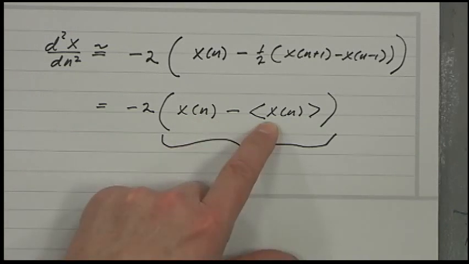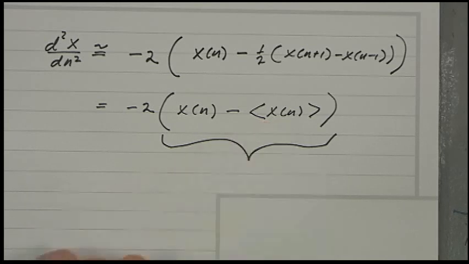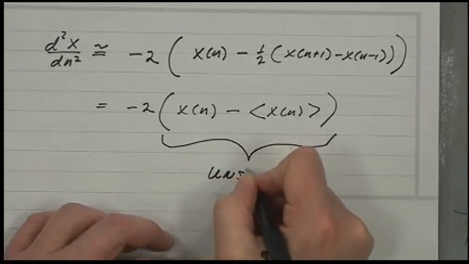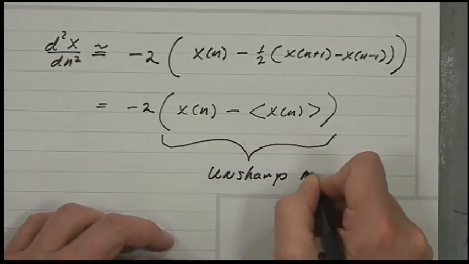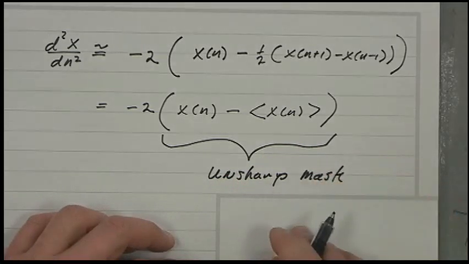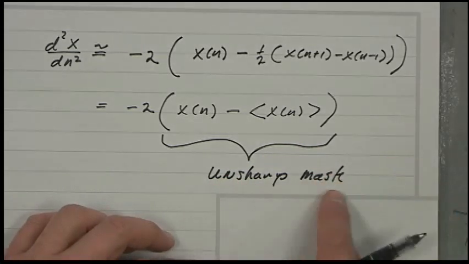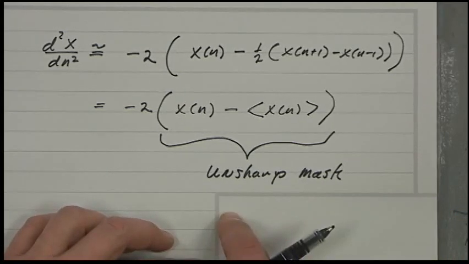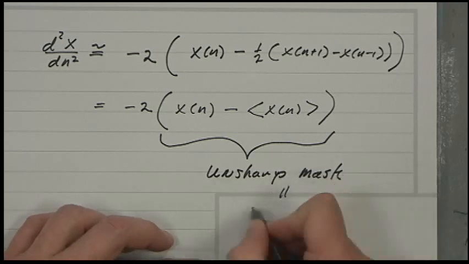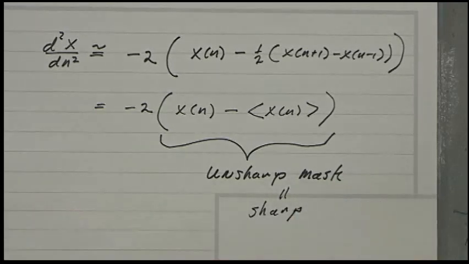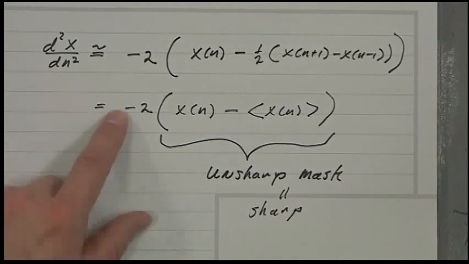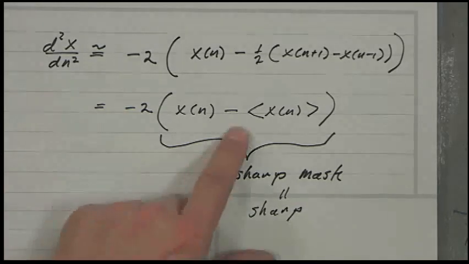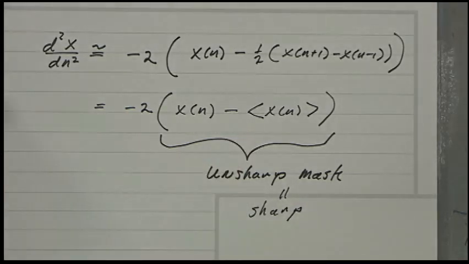This is the unsharp mask. I've removed the unsharp part. So this is just the sharp part. So the second derivative gives you the sharp part of the image. So this is kind of handy.